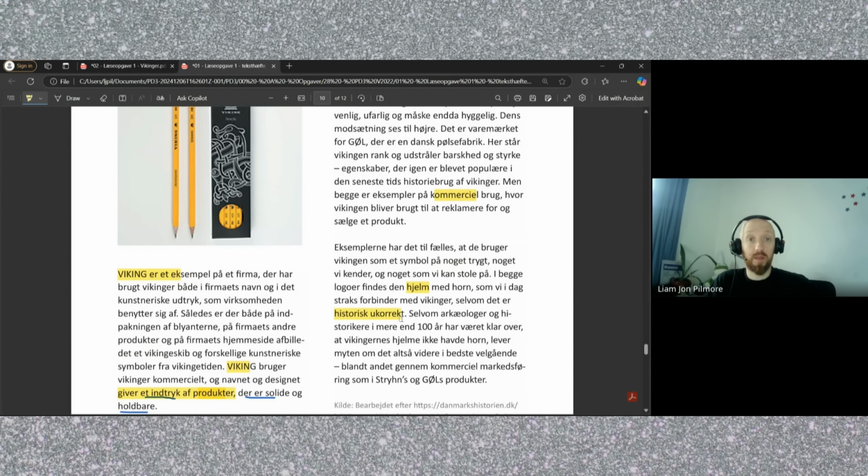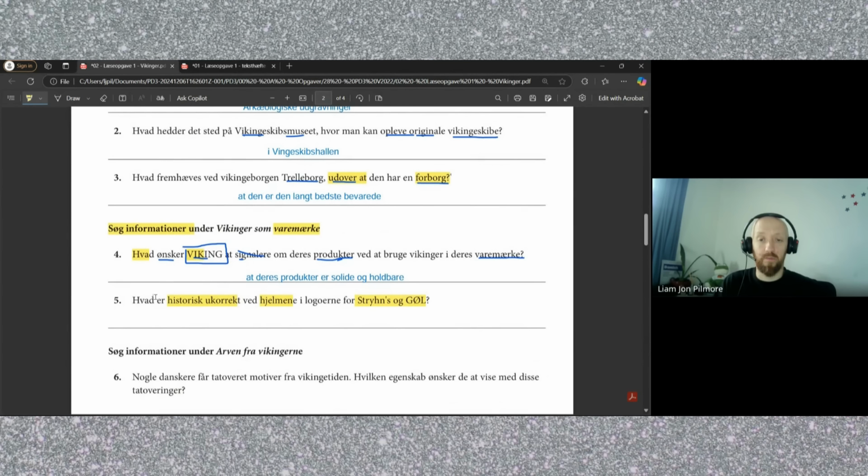Historisk ukorrekt. I found the keyword, so the answer has to be here. I begge logoer findes den hjelm med horn, som vi i dag straks forbinder med vikinger, selvom det er historisk ukorrekt. Aha. So what is our answer? Hvad er historisk ukorrekt ved hjelmene?